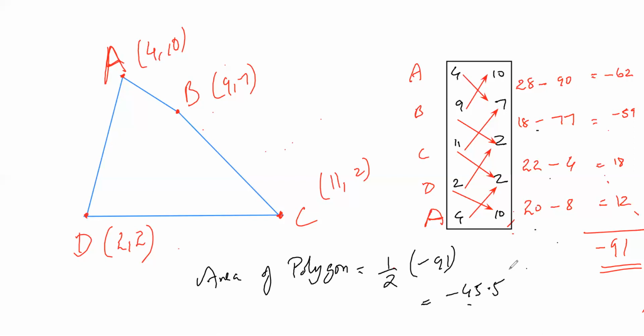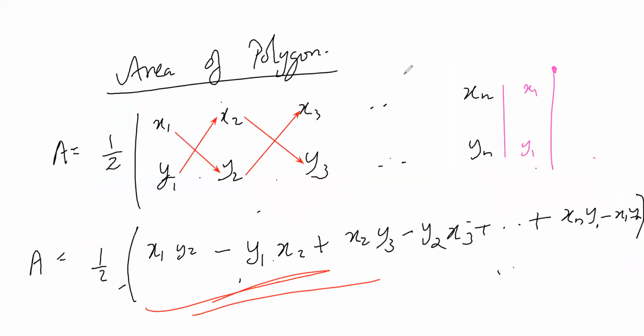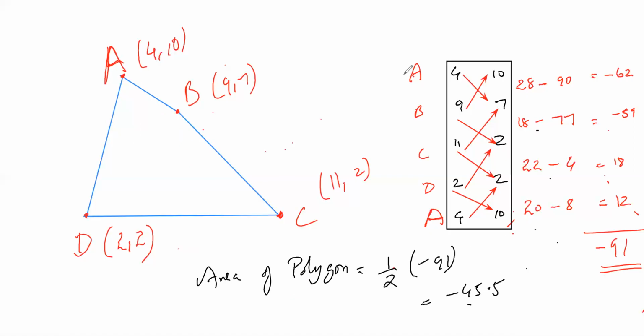Normally this area of polygon is not there for the board exam. This is an extra point which I would like to mention apart from the textbook to increase the knowledge. Now we can copy down the previous thing. You want to copy down this one or the previous one?